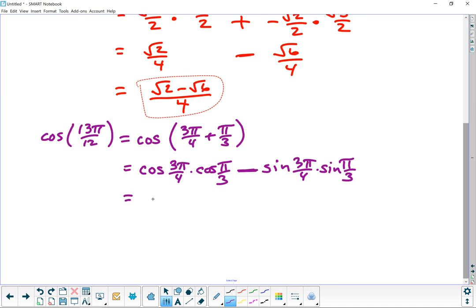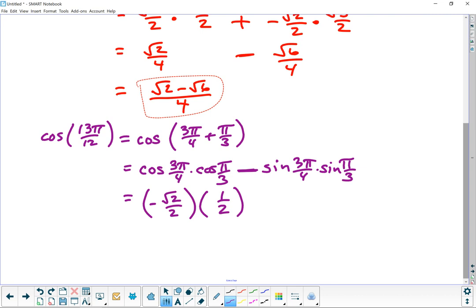Okay, cosine of 3 pi over 4 is negative. I'll use parentheses: negative radical 2 over 2, just because I am done after this, and you are too, I hope. Cosine of pi over 3 is 1/2.